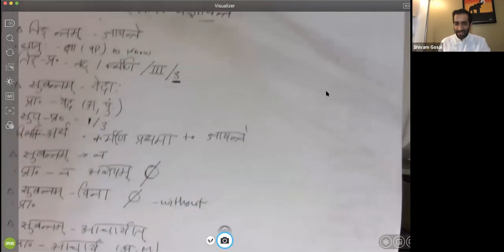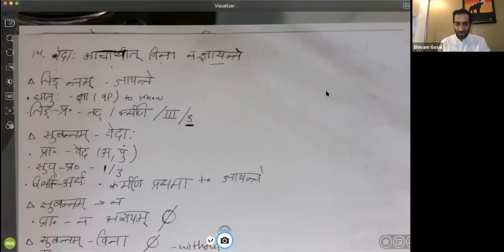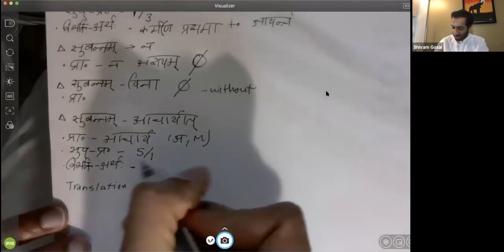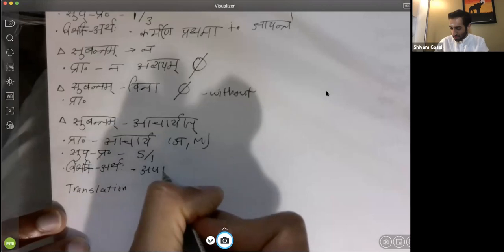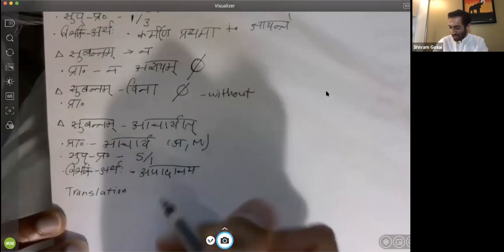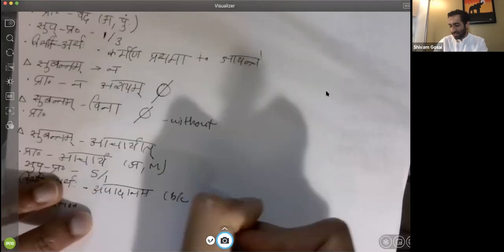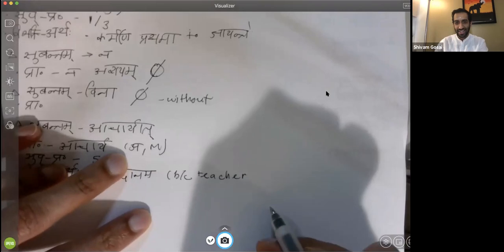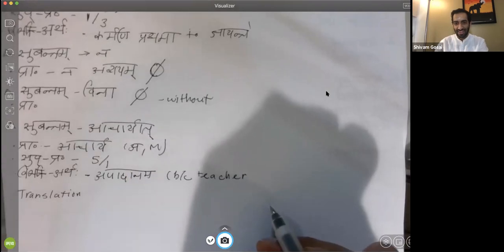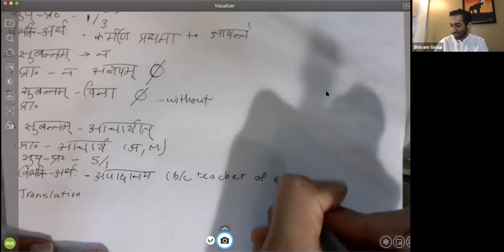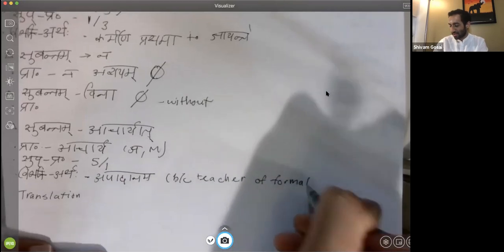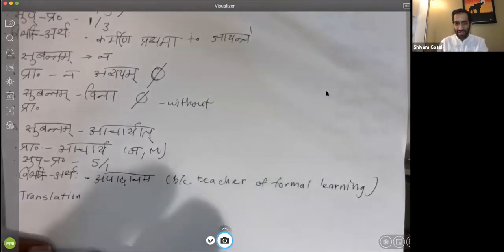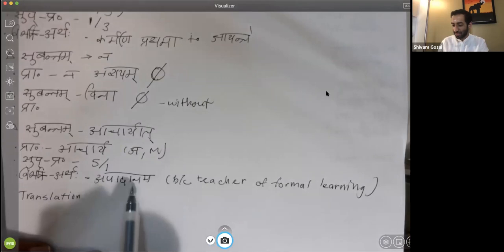Now, actually, Urmilaji is the only one who's correct there. It is apadanam. Reason it's apadanam is because teacher of formal learning is given the status of apadanam. Because it's the teacher of formal learning, it's given the status of apadanam.